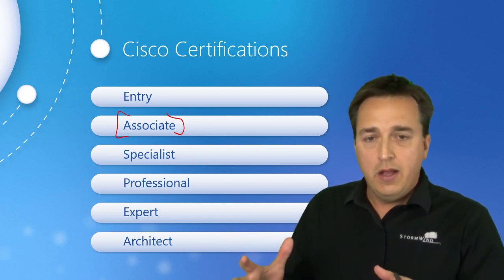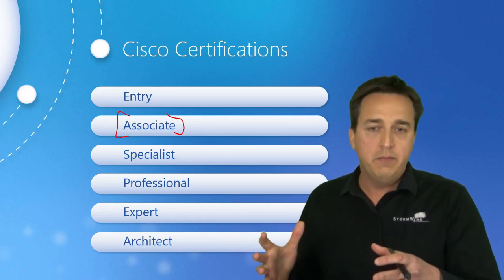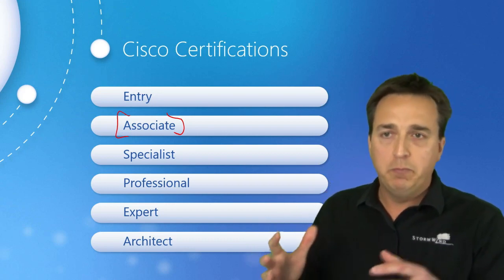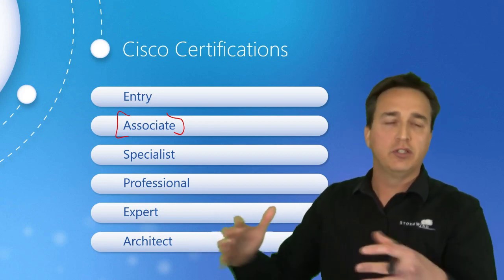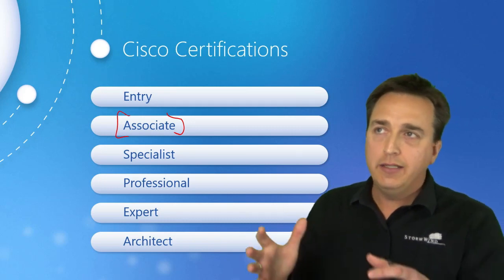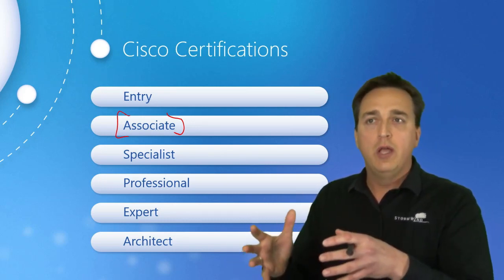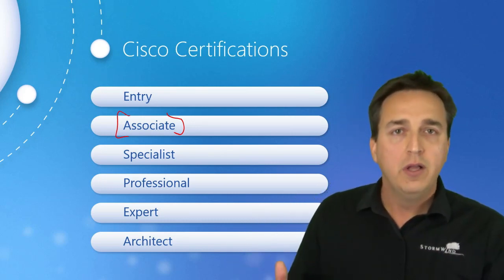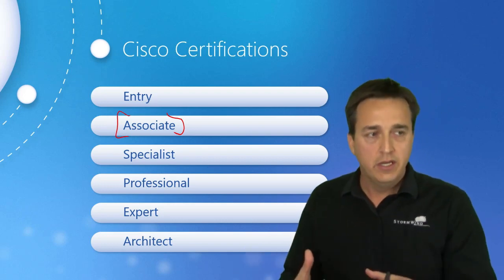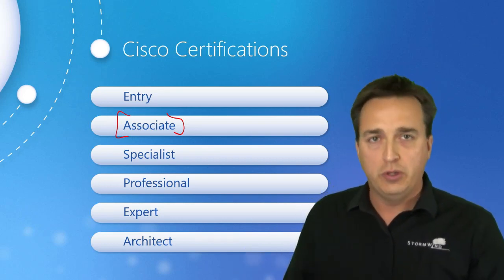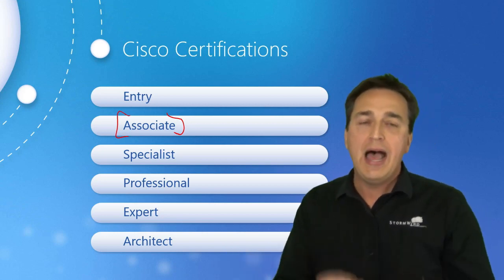In my opinion, it is a level much higher than a lot of lower level certification exams. It seems like Cisco has taken it to the next level. They want their associates to be extremely knowledgeable, more so than they did in the past.